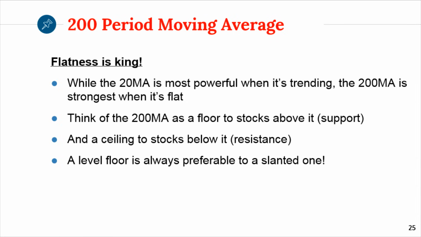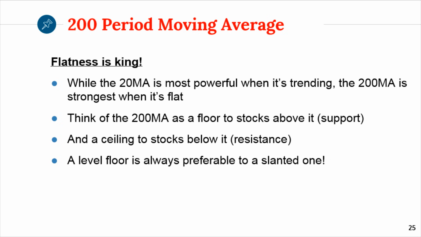And I'm going to explain what I mean in just a minute. While the 20 MA is most powerful when it's trending, the 200 is strongest when it's flat. Think of the 200 MA as a floor to stocks above it, meaning when a stock falls to the 200 MA, it's going to act as support, and as a ceiling to stocks below it. Stocks that are trading below it, if they were to rally up to the 200, it's going to act as a resistance.